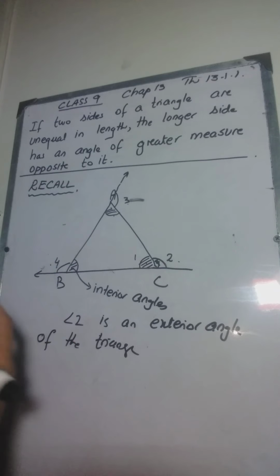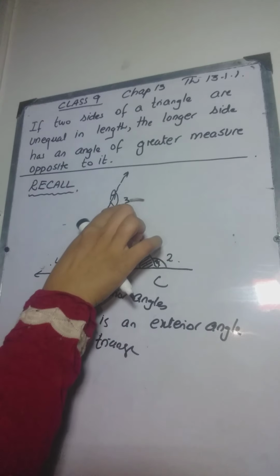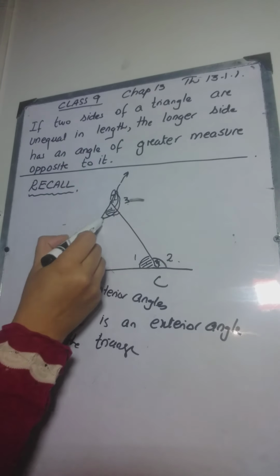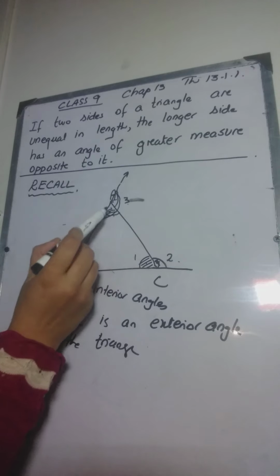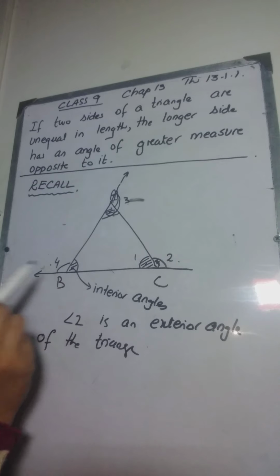We already know supplementary angles: those angles which make 180 degrees when they are added. So this is called the exterior angle. Angle 3 is also an exterior angle because it makes a sum of 180 degrees with an interior angle. So the supplements of these interior angles are called exterior angles.